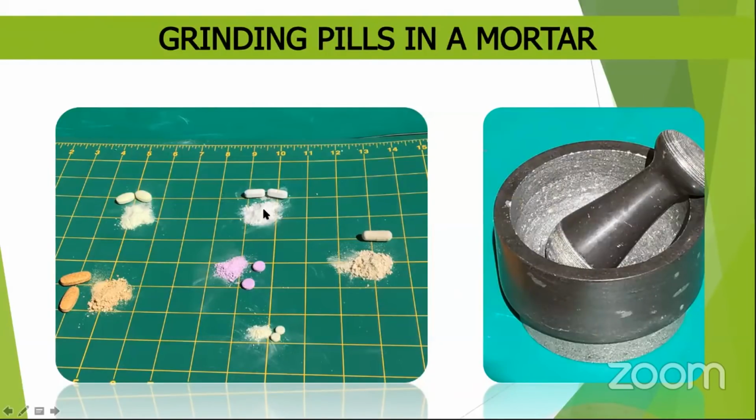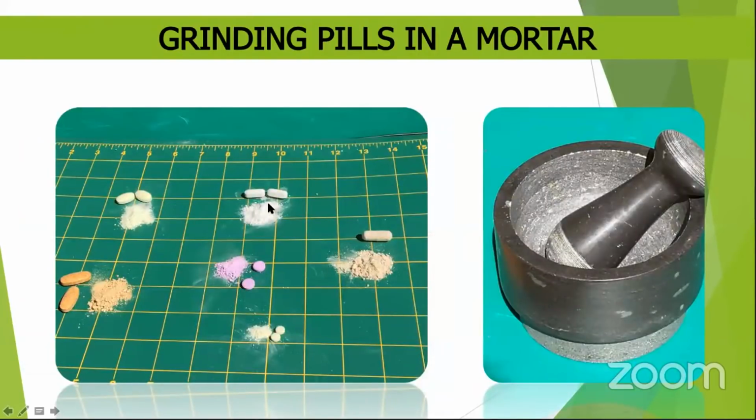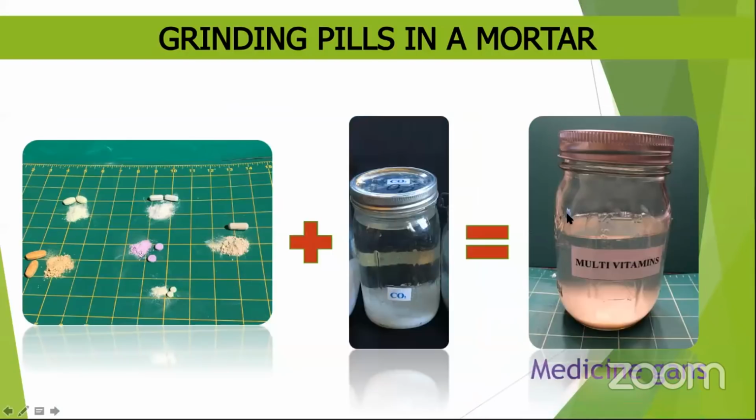You use a certain amount, like 10 or 20 pills of every single medicine, depending on their size. You use these elements to grind them and put them in a container. You're not going to put them all together in one. You have a separate container for each.